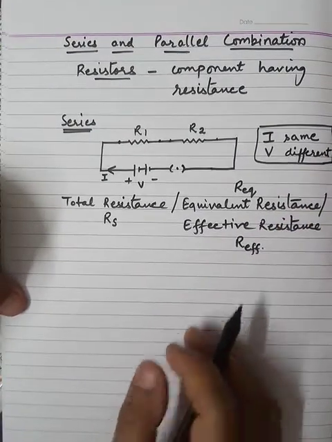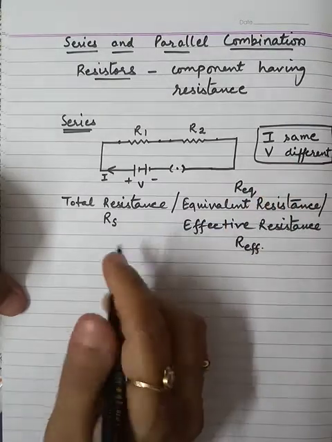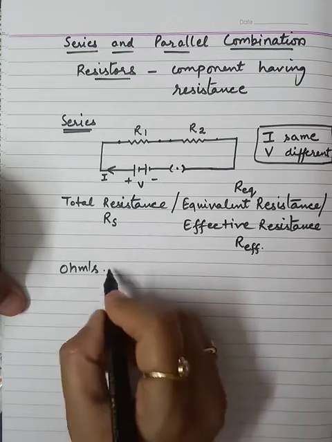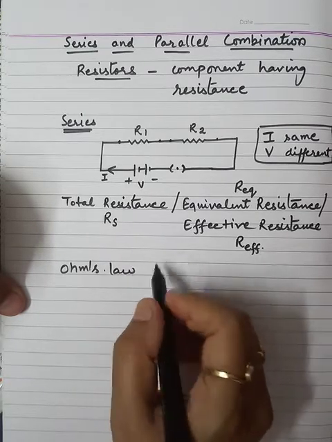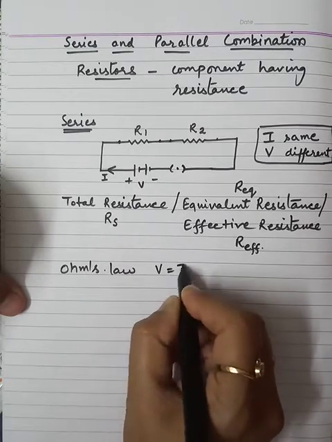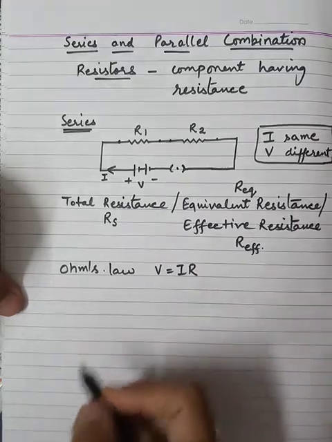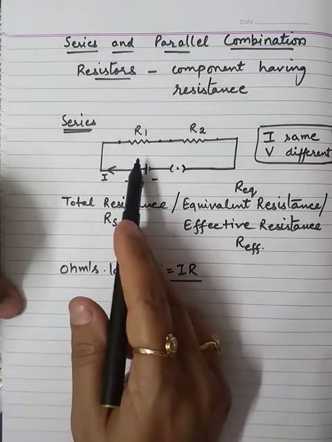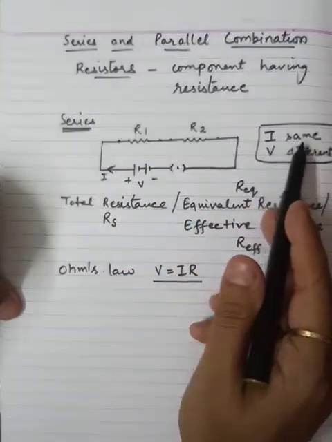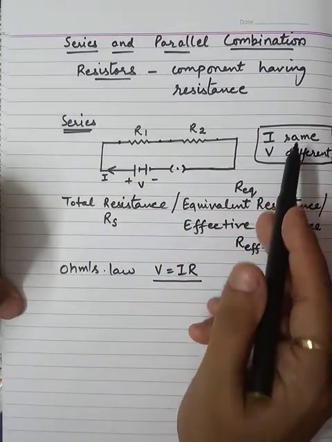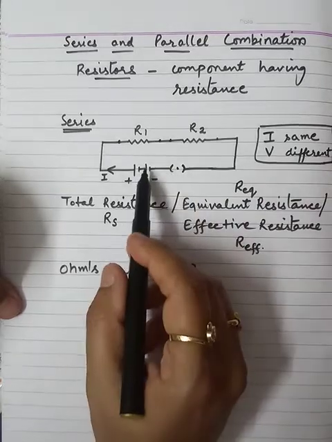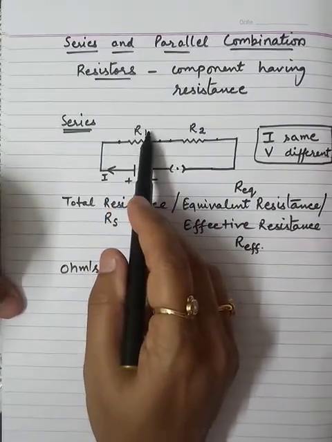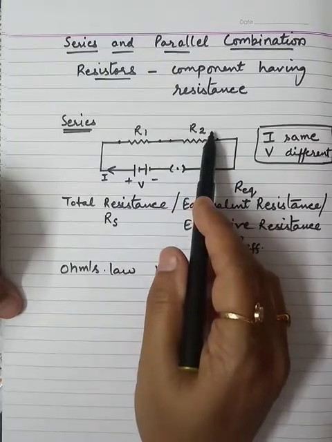Now, based on the concept of Ohm's law, according to Ohm's law, we know that V is equals to I multiplied by R. Ohm's law says this, right? So in the series combination, because I is same and V is different, so total V will be equal to the V across this R1 and V across this R2.